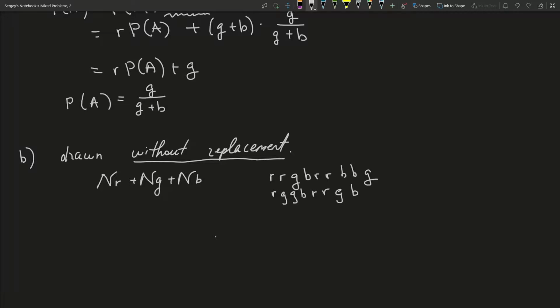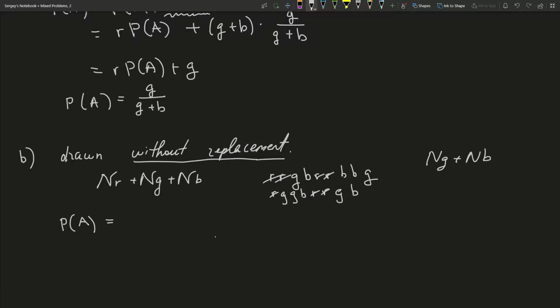We don't care about the red ones at all. So we can safely disregard the red balls in this sequence of draws, and the probability that a green ball is seen before a blue one is found by looking at the sequence consisting of just green and blue balls.